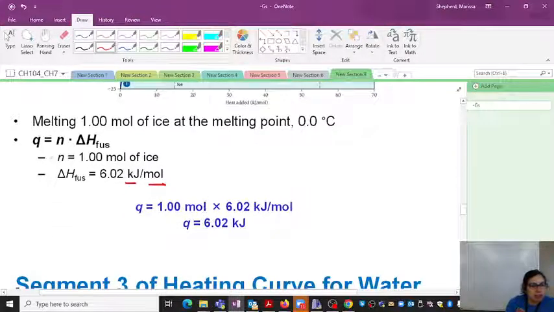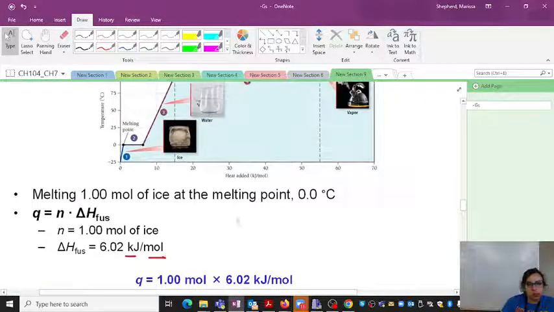This is just equal to n times our delta H of fusion, so 1 mole times 6.02 kilojoules per mole. So we just needed 6.02 kilojoules for that transformation. All right, any questions on that leg?